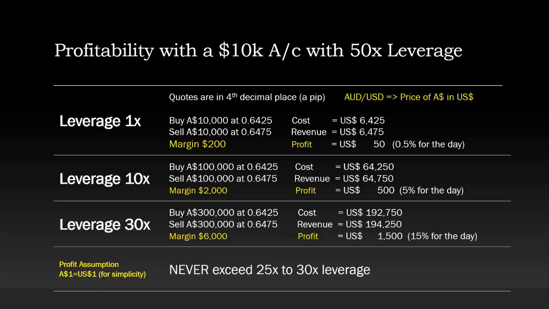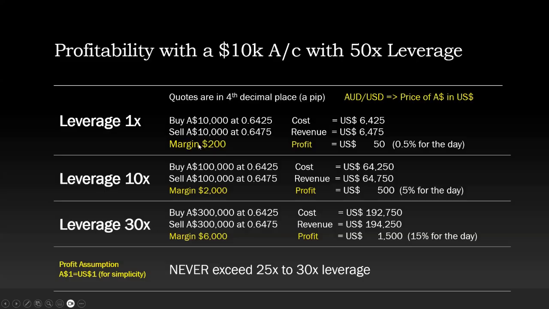Question. I did not understand the margin, $200 or 2,000, 6,000. Can you explain it? How is the margin calculated? What does it mean? So in this account, your leverage is 50 times, right? So if you had a $10,000 trade, the broker would block 1/50th of that as margin in case the account suddenly went sideways.